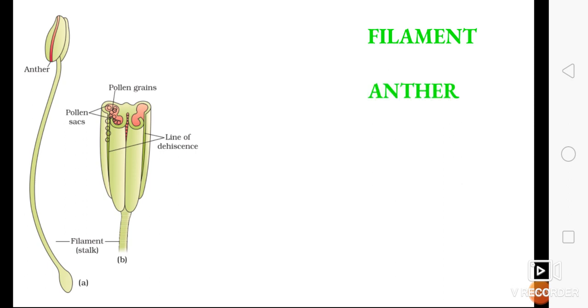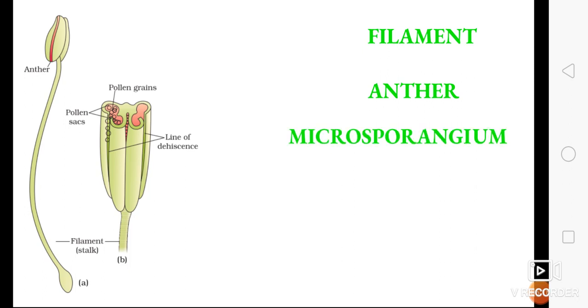And there are two lobes for anther. Within each lobe, there will be two cavities. Cavities are known as theca, and these cavities in anther lobe will produce microspore. The cavity producing microspore is microsporangium.